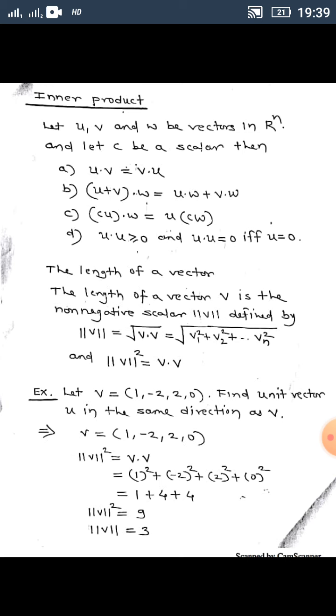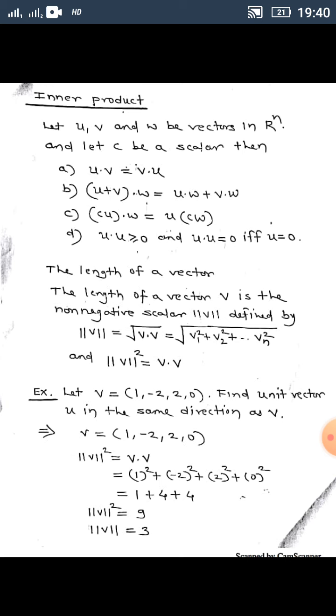Next, how to find the length of the vector or magnitude of the vectors. The length of the vector v is the non-negative scalar, norm v, defined by norm v is given by the square root of v into v, the self multiplication of elements, that is v1 square plus v2 square plus so on plus vn square, and norm of v square we can write as v into v.